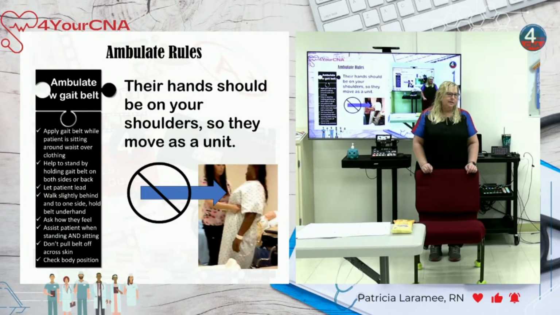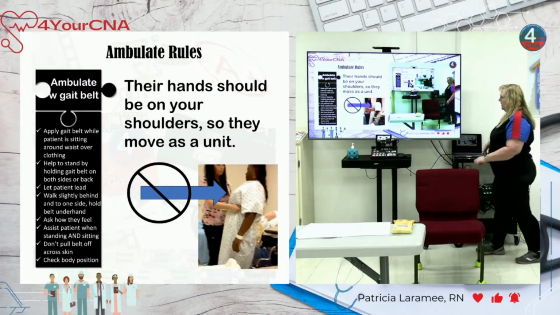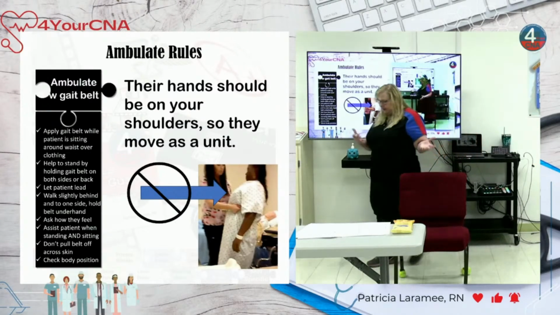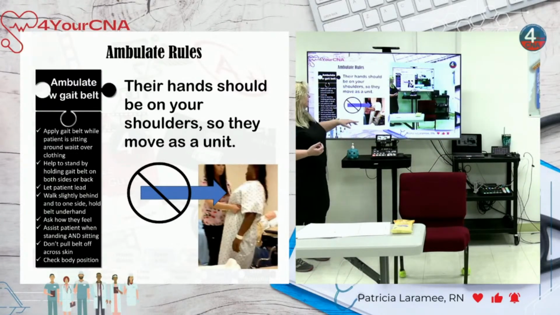Okay, good. Makes sense? So if you look at this picture, when you are lifting a patient up to stand, do you see how she's positioned? This is our caregiver. This is the gait belt. She's holding at the sides. But do you see how this patient is kind of leaned backwards? This is unstable. No good. We want our patient to move as a unit.